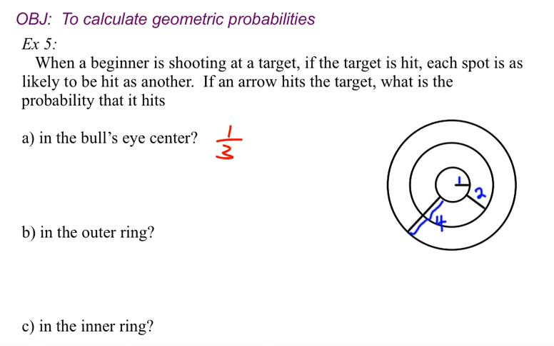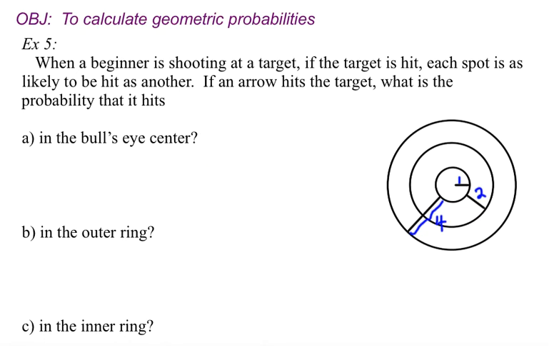And if you're saying, I don't think so, that doesn't seem so likely, that's because you've become a good geometric thinker, and you understand that size of things varies, and you have to consider the size. So I don't think that darts would be a very competitive game or very much fun if it was 1/3 of a chance that you could hit the bullseye center. It just doesn't work out that way.